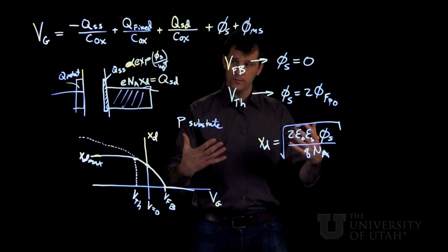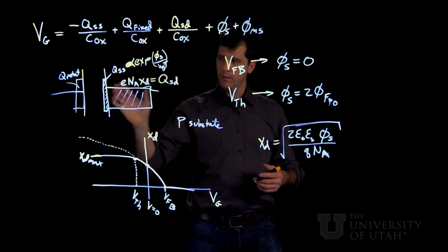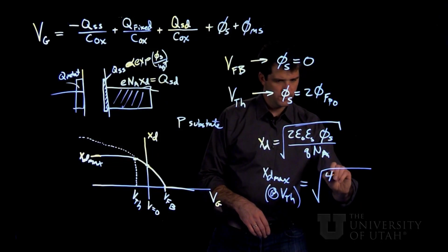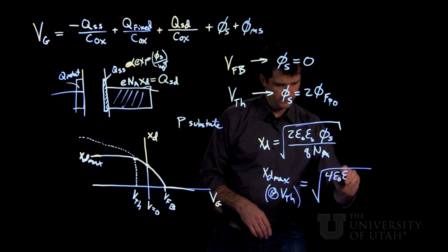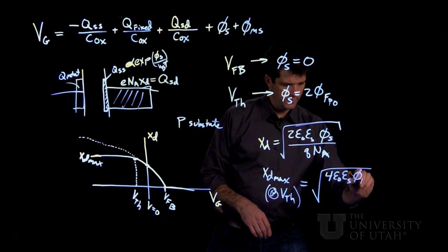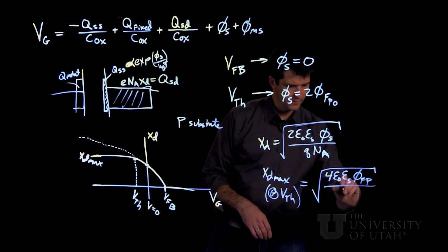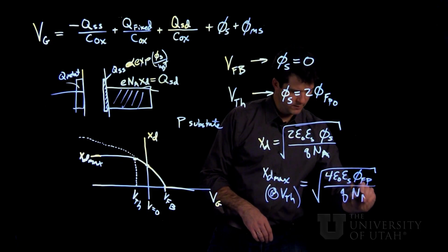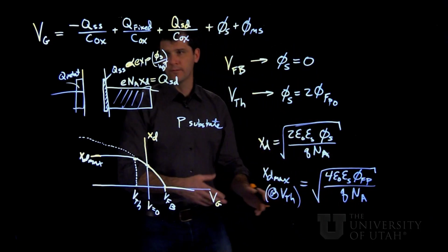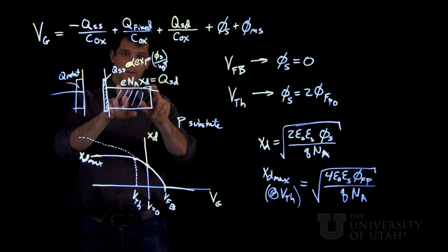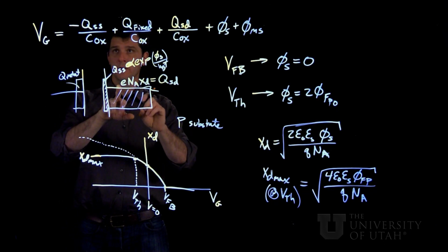So at threshold, we say that we've hit our maximum XD. We then get a 4 here, epsilon naught, epsilon s, phi fp, and we're just substituting in that phi s equals 2 phi fp, over q N_A. So this translates into a maximum amount of space charge density just by multiplying by q and N_A here.